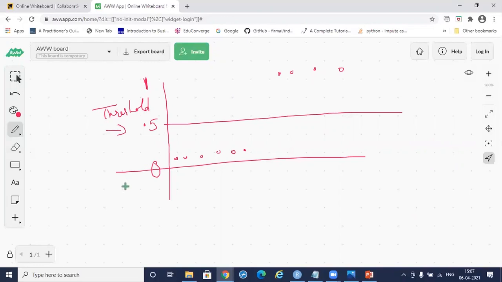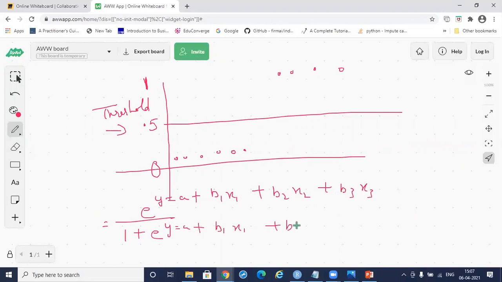So whenever the logistic regression equation works, this is the logistic regression equation. Here the y data are going to be worked out, with b1 x1, b2 x2, b3 x3, and so on, for as many input variables as we have. It calculates y on the basis of the intercept and the coefficient values for the different input variables of x.